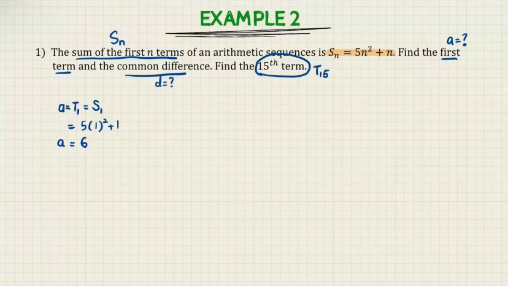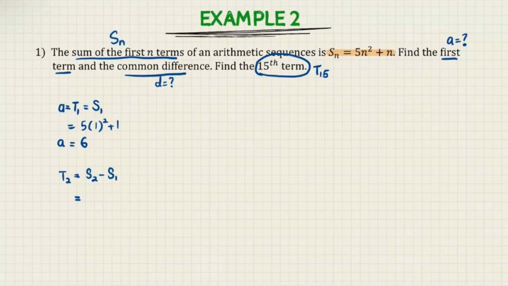Now macam mana kita nak cari D? So D, kita tahu nak cari D, kita perlukan second term tolak dengan first term. Okay, so kita boleh cari second term. Second term datangnya daripada mana? T2 is coming from S2 minus S1. Okay, so S2 adalah gantikan n sama dengan 2 dekat kita punya formula inilah.